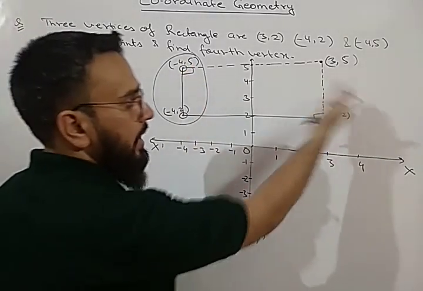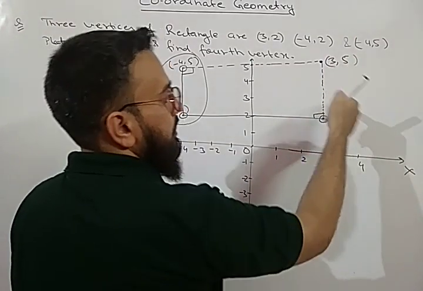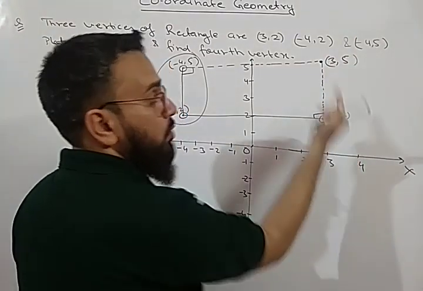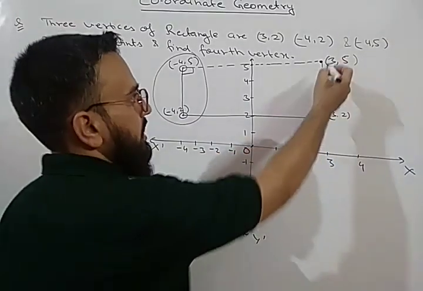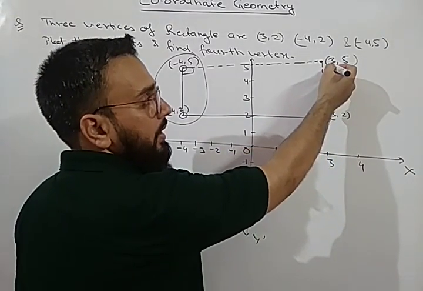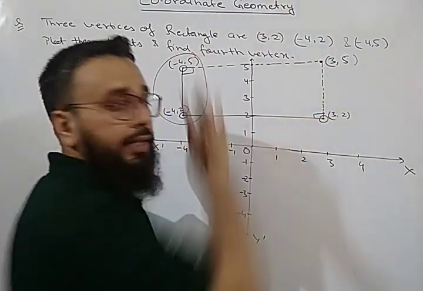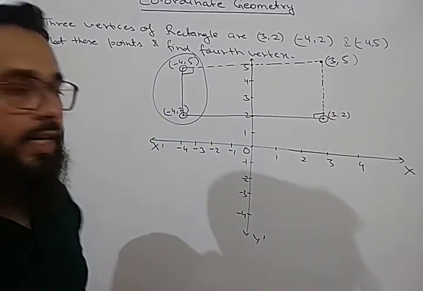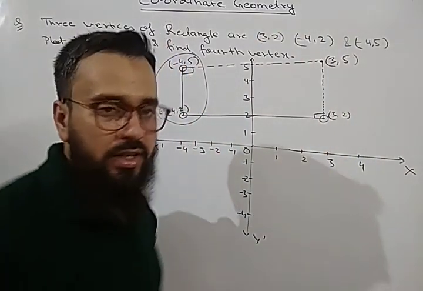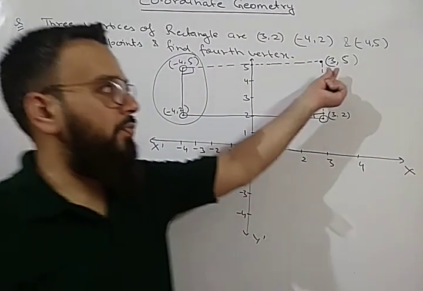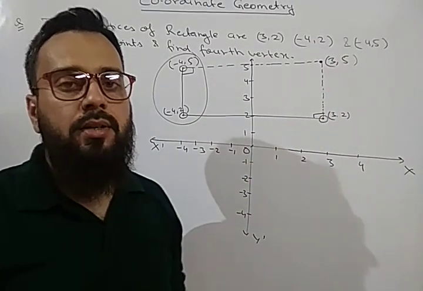So on the other side also, the y coordinate is changing and the x coordinate will remain the same. This x coordinate is 3, so the other x coordinate will be 3. Now, the y coordinate: here it is 5, so here it should also be 5. So in this way you can find that this will be (3, 5).